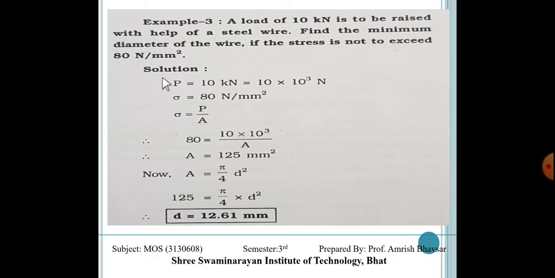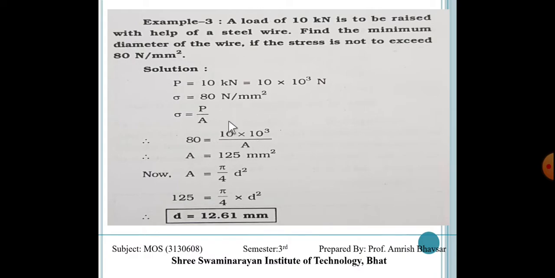Here the maximum stress is 80, not to exceed means maximum. Load 10 kilonewton, so 10 into 10 raised to 3 Newton. Sigma they have given as 80 Newton per mm square. From this we have the equation sigma is equal to P upon A, so we will get some area.